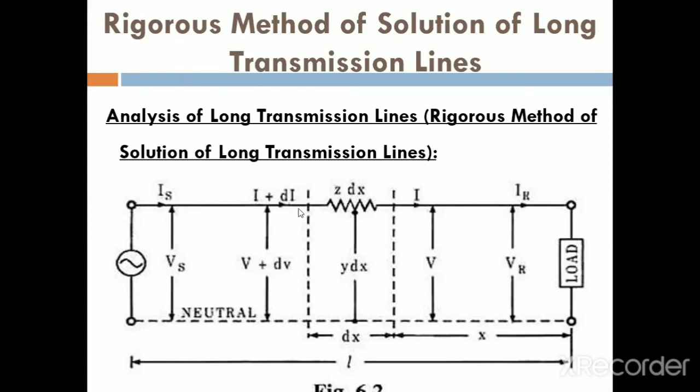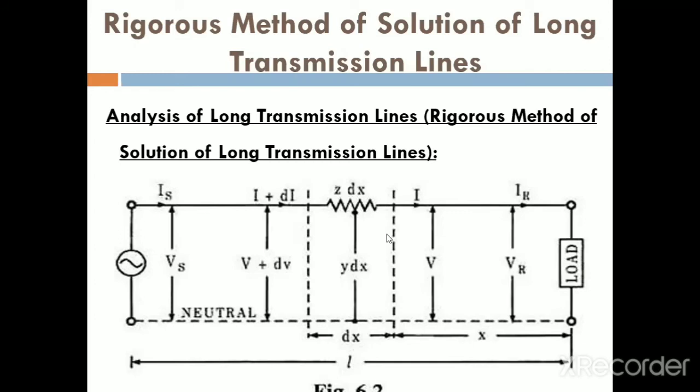Rigorous method means that in the long transmission line we take a small length dx. In the small length dx we have the effect of the resistance, inductive reactance, capacitive susceptance and conductance. We calculate that effect, and then we integrate it, and we obtain the overall effect of the long transmission line easily.